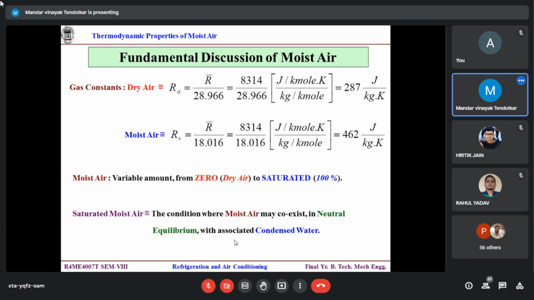This is very particularly related to the temperature. So saturated moist air means there is some saturation temperature corresponding. You disturb that temperature even by 0.5 degree or 1 degree, condensation starts.